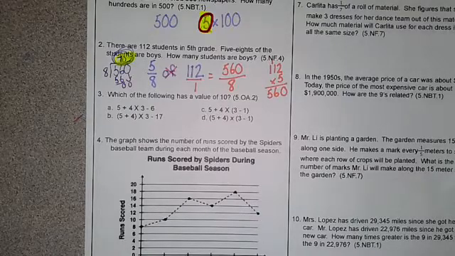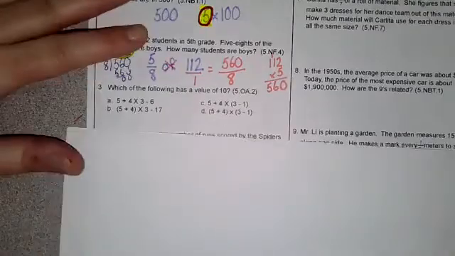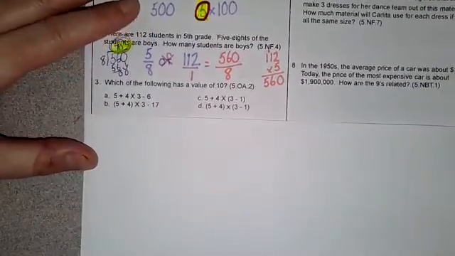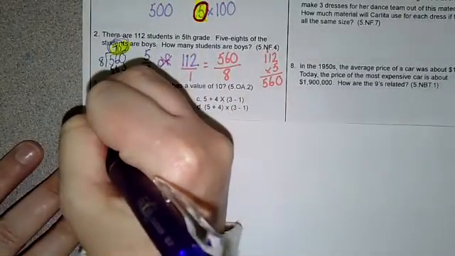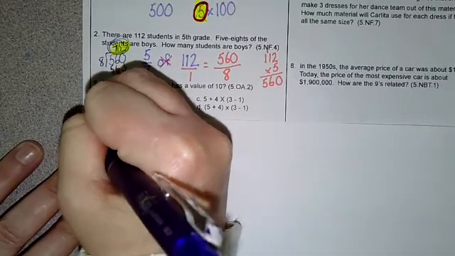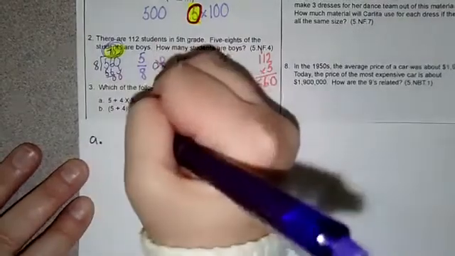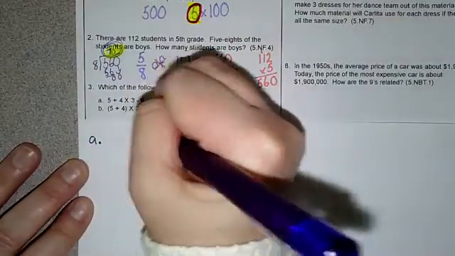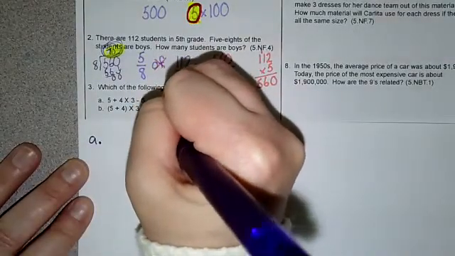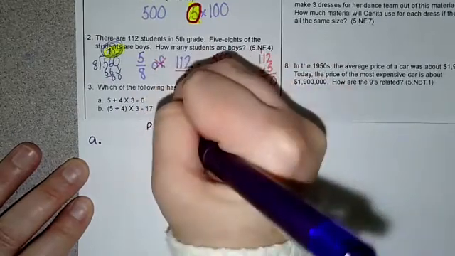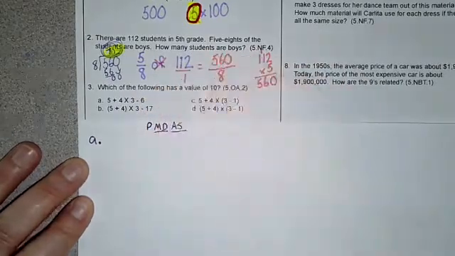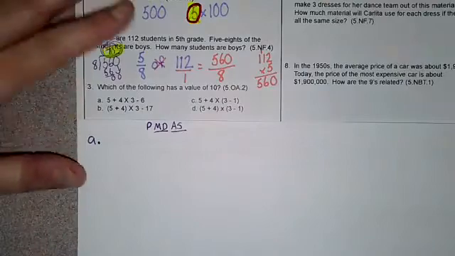I'm going to start with the first one, and do order of operations. Order of operations is PEMDAS. I've got to do parentheses first, then multiplication and division, whichever comes first, and addition and subtraction, whichever one comes first.